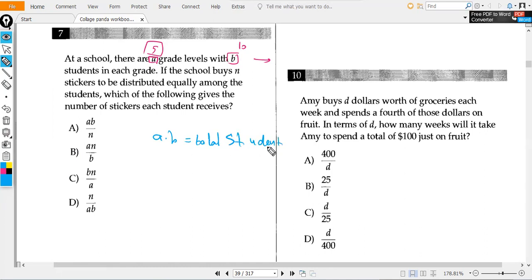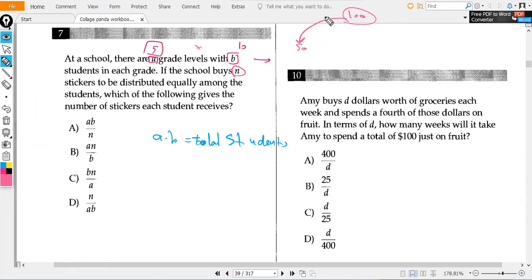Total students. So now the school buys N stickers. For example, if we have 50 students and we have 100 stickers, each student will receive how many stickers? We have 2 stickers.